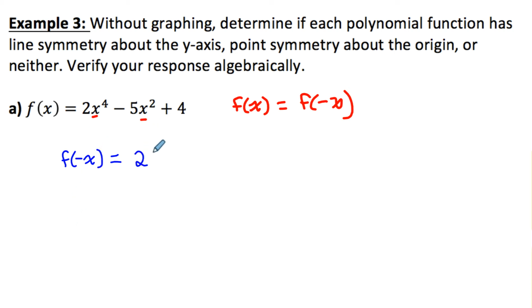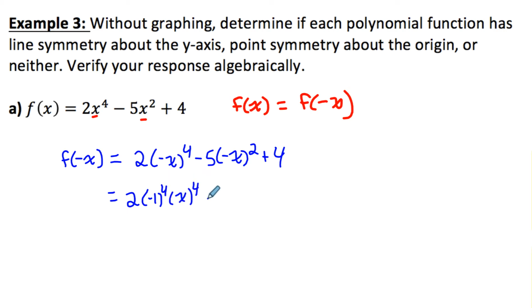So I would have 2 times negative x to the 4 minus 5 times negative x squared plus 4. And we can think of this negative x, that's the base of the power, think of it as a negative 1 times an x. And if you know your exponent rules, the exponent goes on both the factors of the base. So I would have to put the exponent of 4 on the factor of negative 1 and on the x. And same with this power over here. I would have to put the squared on the factor of negative 1 and the x.